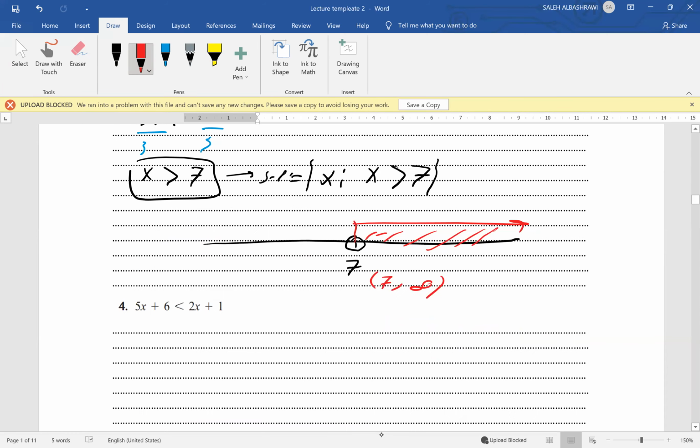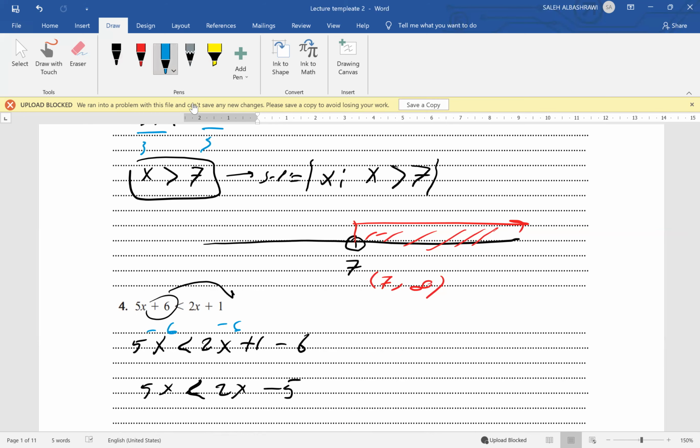Another example. I have 5x plus 6 less than 2x plus 1. Again, this 6, I will move it to the other side. So it will be 5x less than 2x plus 1 minus 6. That is like we add negative 6 to both sides. Then I will have 5x less than 2x minus 5.